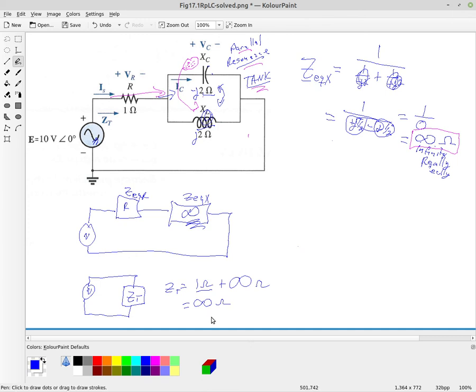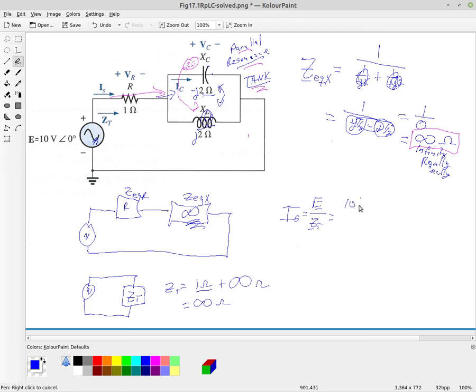So it's infinite ohms. So now if we try to calculate the supply current, the supply current now is our voltage divided by our total impedance. Okay, but again, our total impedance is infinity.